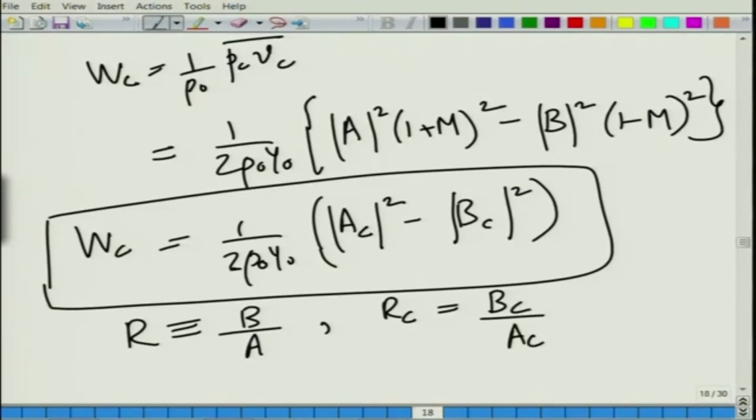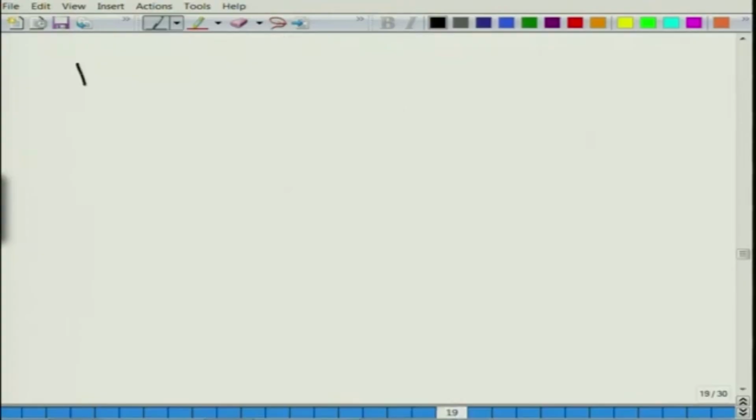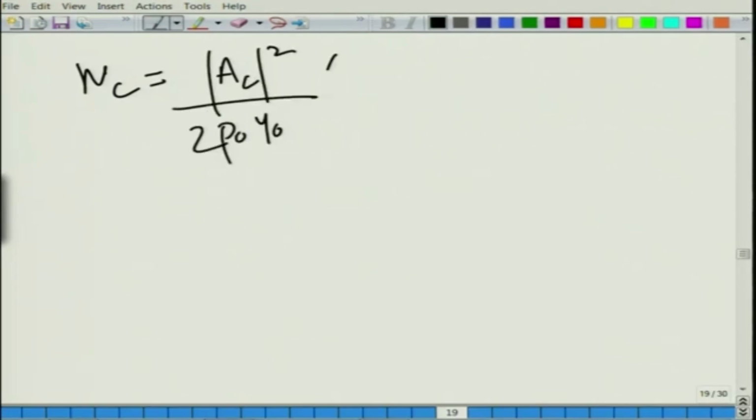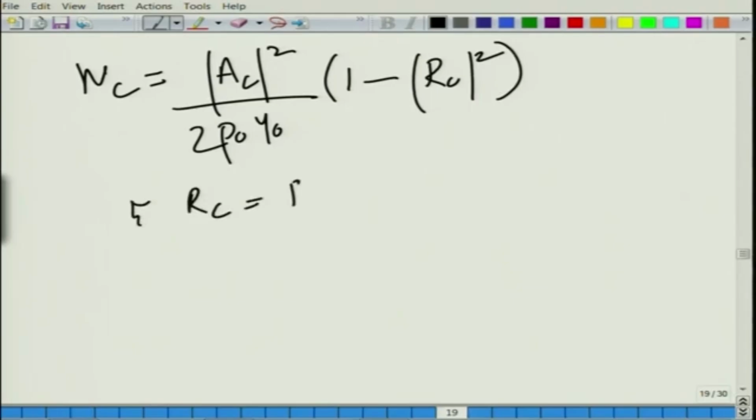So, what it would mean is that the total acoustic power carried by the waves in the duct with a mean flow can be written as Wc equal to magnitude of AC whole square divided by 2 rho naught y naught into 1 minus mod of Rc square, and Rc will become nothing but BC by AC.